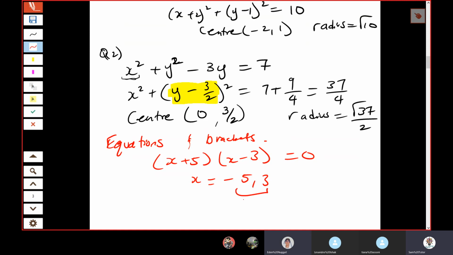Negative. Isn't it the opposite of what you see? Yeah. If you see +5, it's meant to be -5. If you see -3, same thing. If you see a negative 3 over 2 in brackets, it's got to be a positive 3 over 2. You see a positive, it's got to be a negative, because you're actually solving for 0. That's what you're doing. That's why the answer to this is 0. So x equals 0. Then y minus 3 over 2 equals 0, which means y equals 3 over 2.